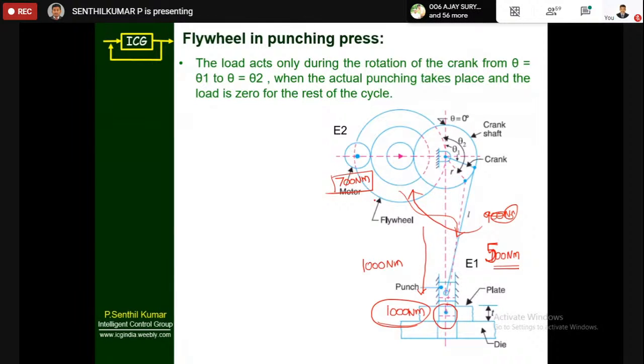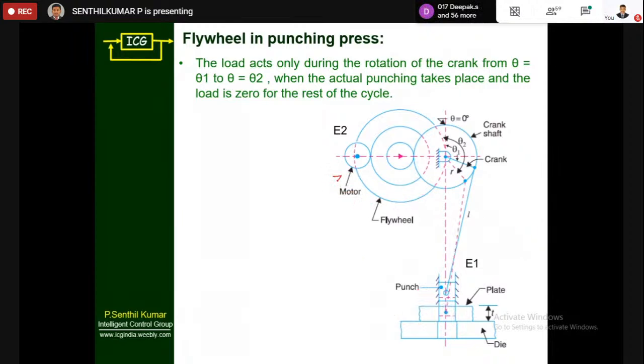So how does the flywheel supply energy? Because the flywheel stores energy during the return motion. So let me take it like this. I have a motor of 700 Newton meter energy. 700 Newton meter is like joule. Okay. So the flywheel already has 300 Newton meter. By adding together, you will get 1000 Newton meter. That 1000 Newton meter makes a punch, a hole on this die. Okay.